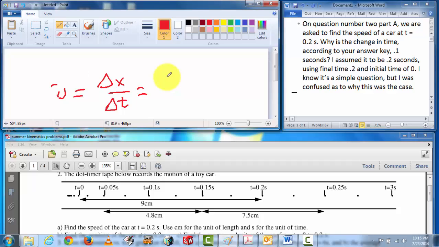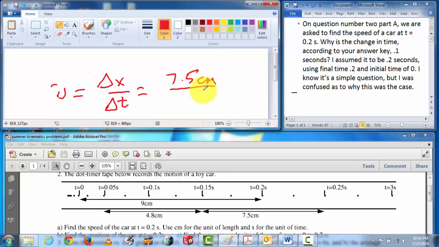Okay, well, your final position here, we don't know what it is. Your initial position, we don't know what it is, but we can tell that the difference is given to us here, and it's 7.5 centimeters.